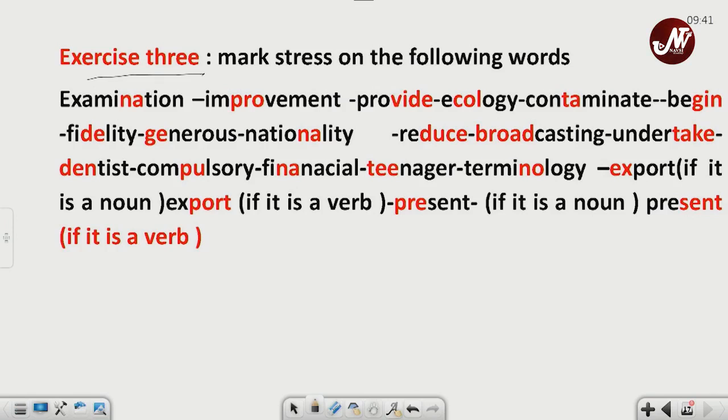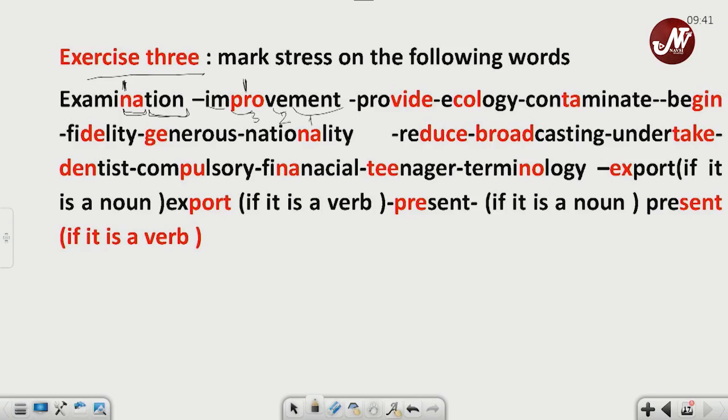So mark stress on the following words. As we have seen, examination, so penultimate stress, so this is the suffix -tion, so we stress on the penultimate syllable. Then improvement, so we have a word with more than two syllables, so we stress on the third from the end. 1, 2, 3.